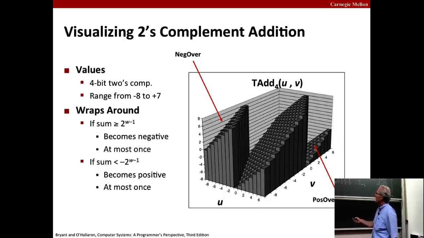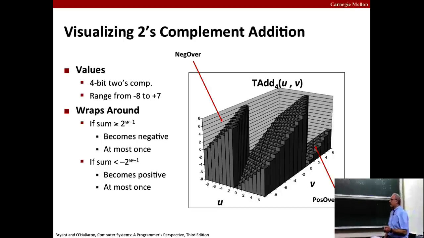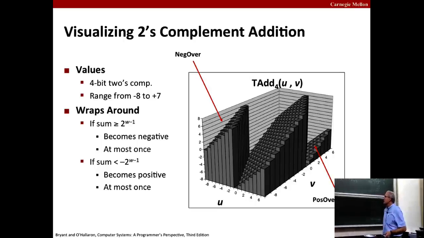One is where everything's fine. It's within the representable range. The other is where the sum was so far toward the negative side that it becomes positive, or so high on the positive side that it becomes negative. And so as part of Data Lab, you'll learn to understand these quite precisely.